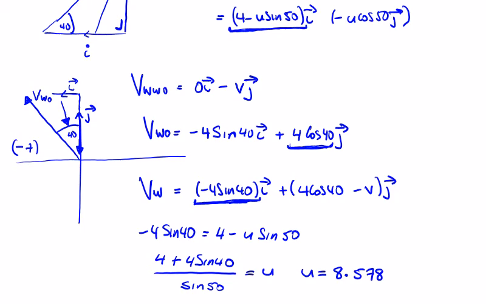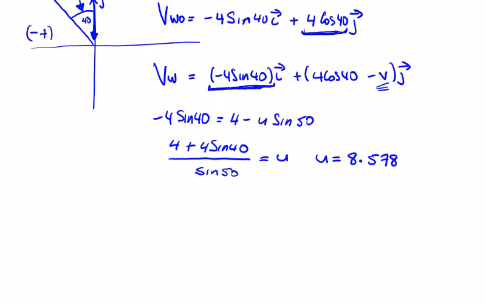Because we have u, we can now get the second part of the wind. We don't actually need to worry about v. So minus u cos 50, minus 8.578 cos 50, is equal to minus 5.5138514.